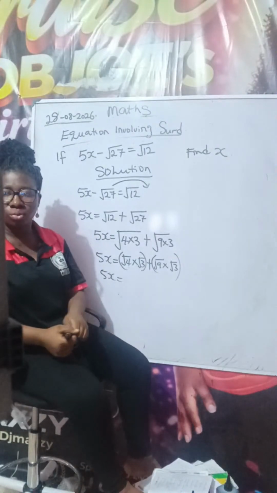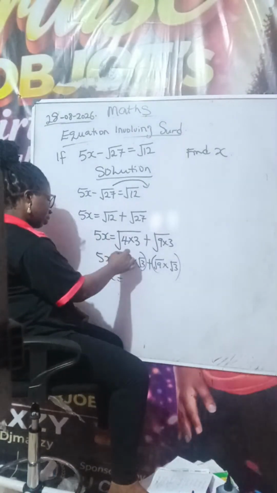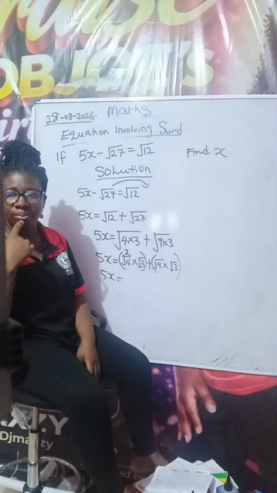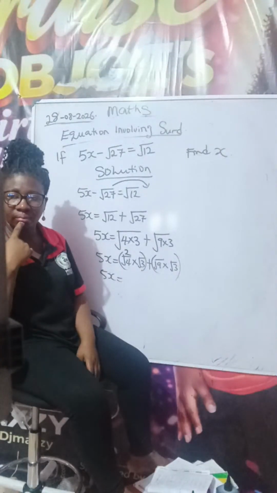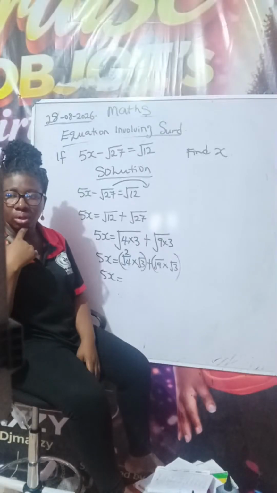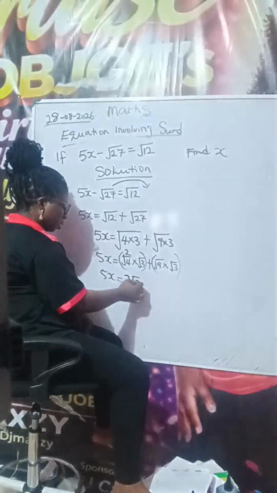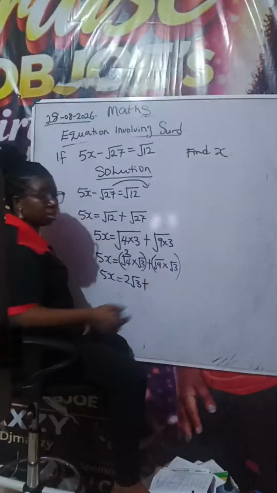So I'll write 2 here. The square root of 3, does it have a perfect square root? No. So I'm going to write 2 root 3 plus, what is the square root of 9?